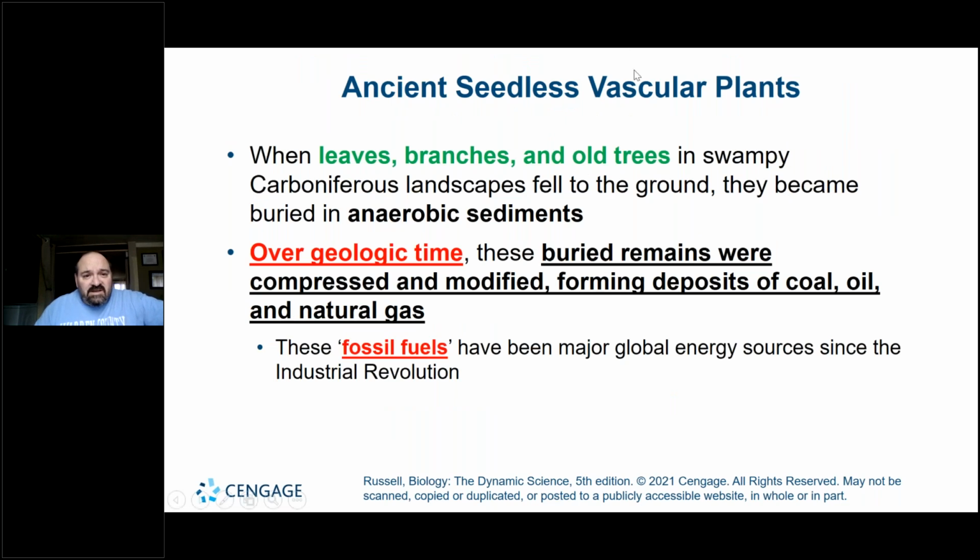Let's see here, ancient seedless vascular plants. Over geologic time, buried remains were compressed and modified, forming deposits of coal, oil, and natural gas. So again, talking about fossil fuels and such. There are some different theories regarding this, know that.